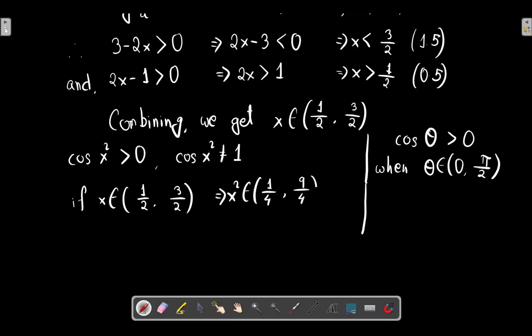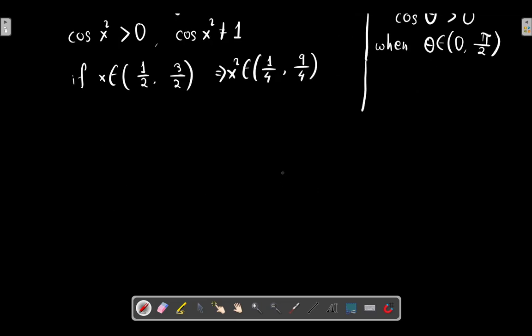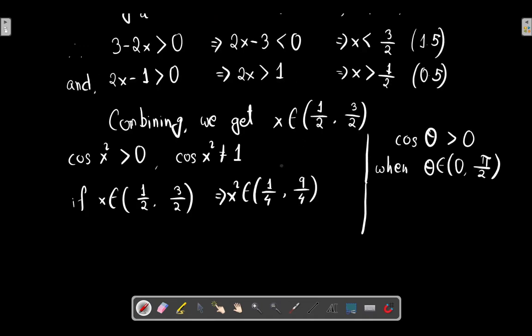So this is the range where x square will belong to. If x belongs to half comma 3 by 2, x square belongs to 1/4 to 9 upon 4. Now we must have cos x square to be positive, but it cannot be equal to 1.